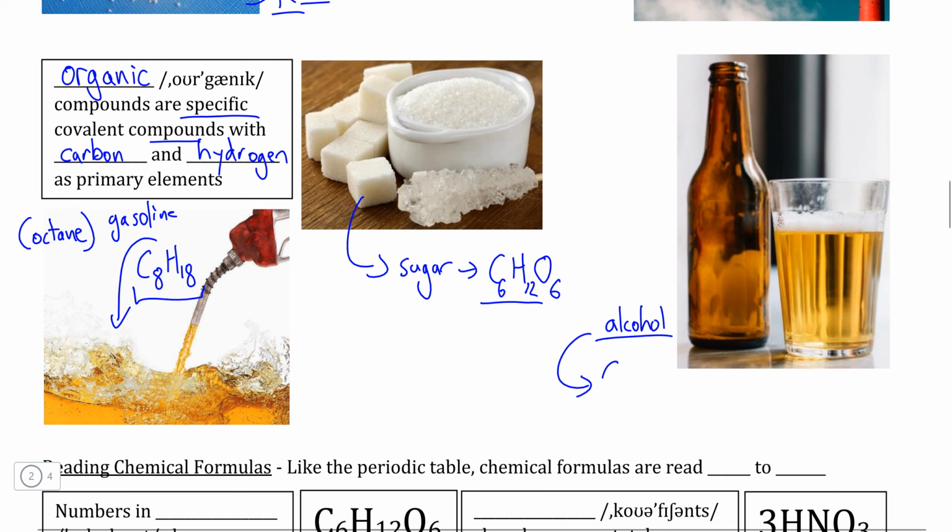And alcohol has this chemical formula here, C2H5OH. And again, we can see that the two primary elements within the chemical formula for alcohol are carbon and hydrogen, just as they are with any organic compound.